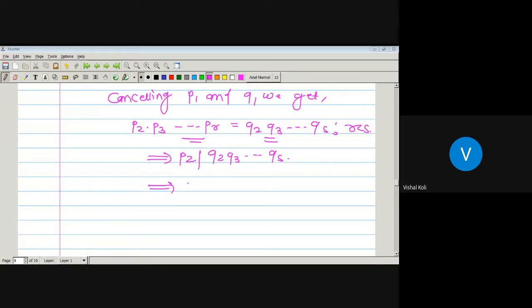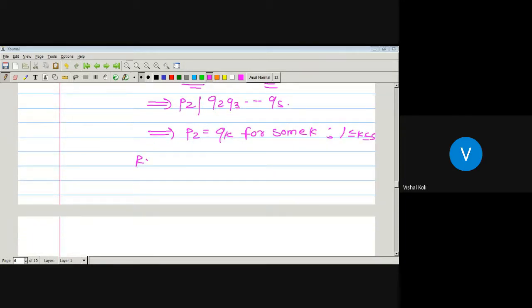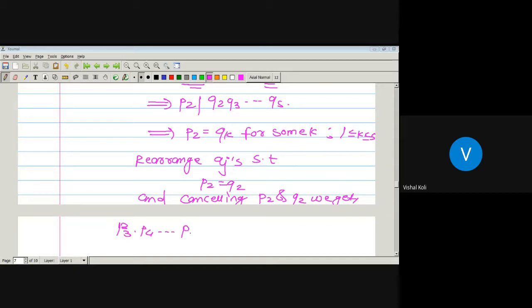Then by that result, Q2 is equal to again Qk for some k that lies between 1 to S. Again we have to rearrange the Qj's such that P2 is nothing but Q2, and cancelling P2 and Q2 we get P3 into P4 into up to so on PR is equal to Q3 into Q4 into up to so on QS, where R is less than S.